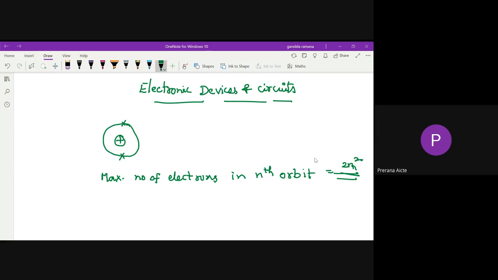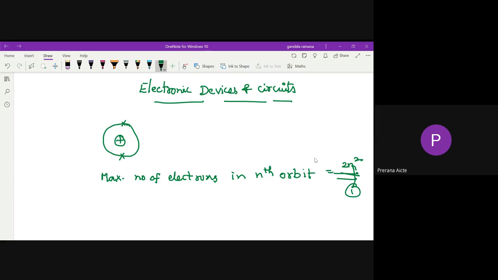Suppose n is 1. In the first orbit, how many electrons are there? 2 into 1 square, so 2 electrons are there. Like that, the nth orbit gives the number of electrons.